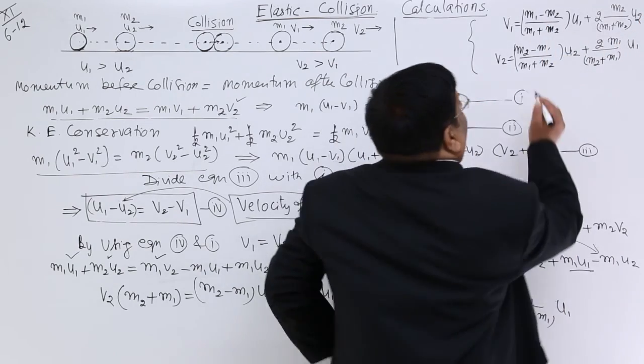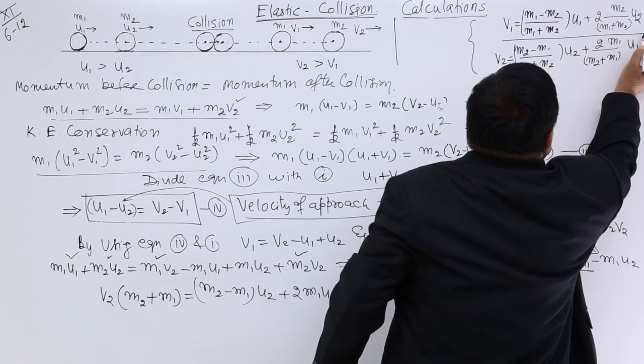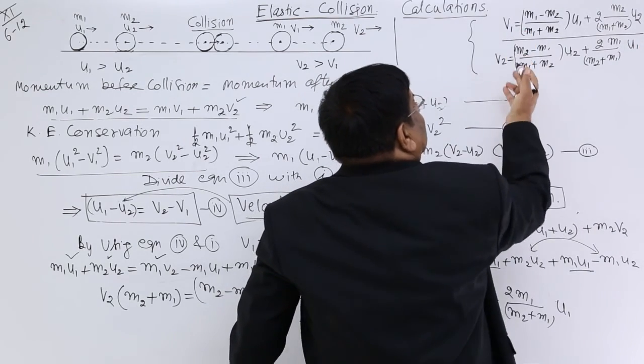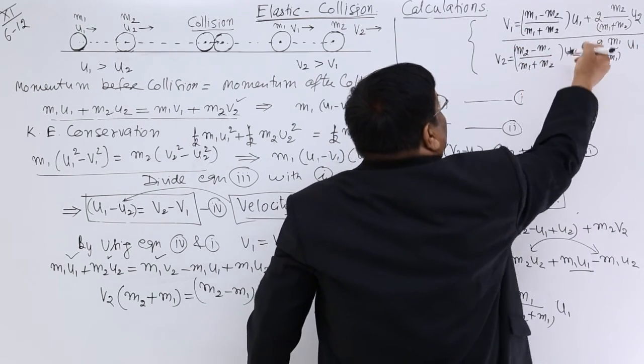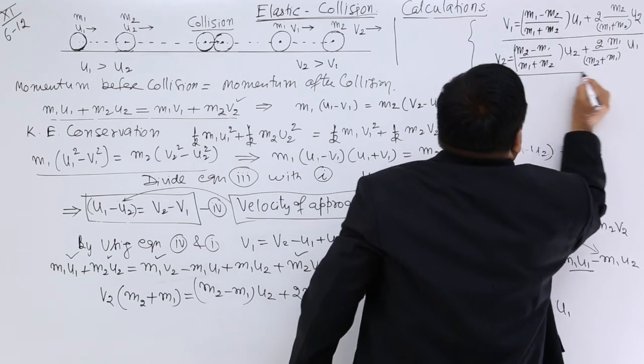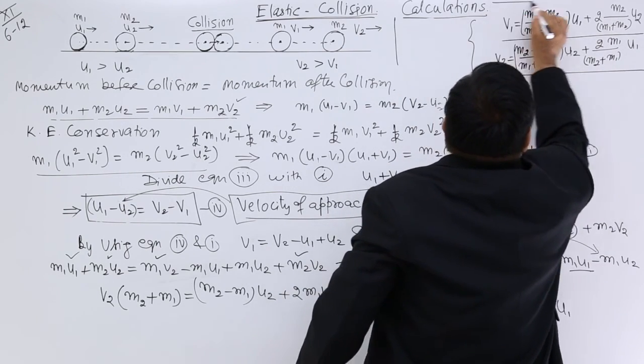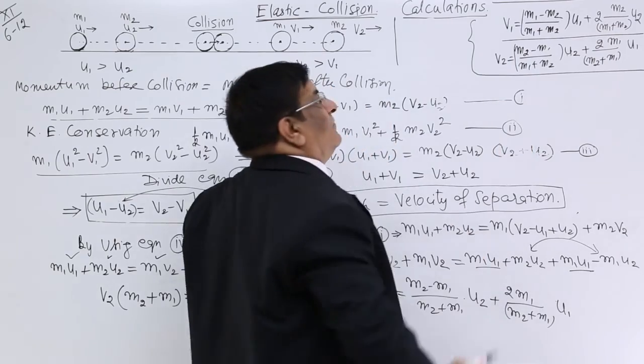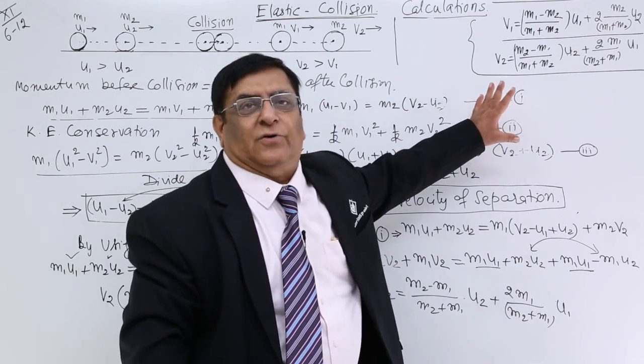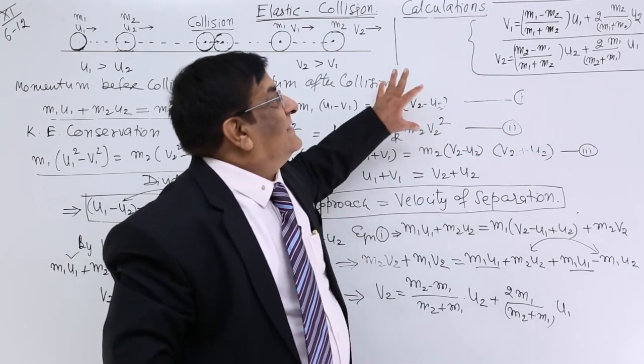So please remember, if you remember only one, that is sufficient, because in the second one you have to interchange and you will get velocity for ball number 1, velocity for ball number 2. This is the conclusion of the elastic collision.